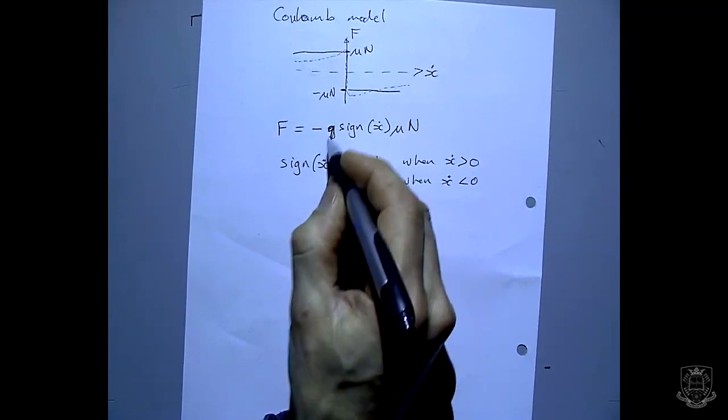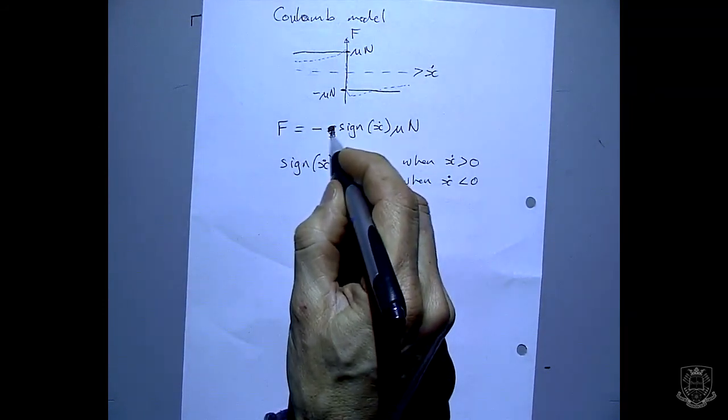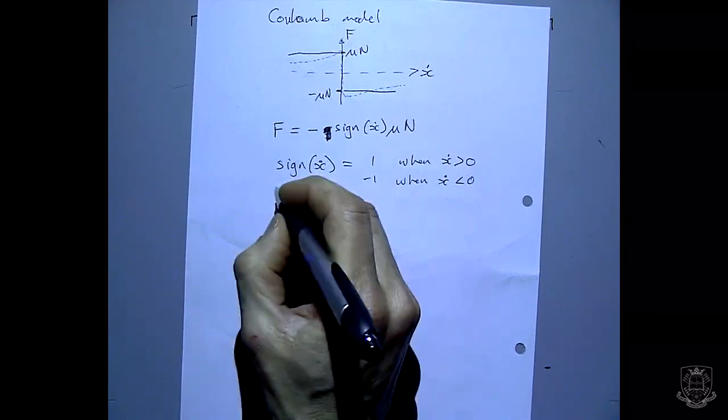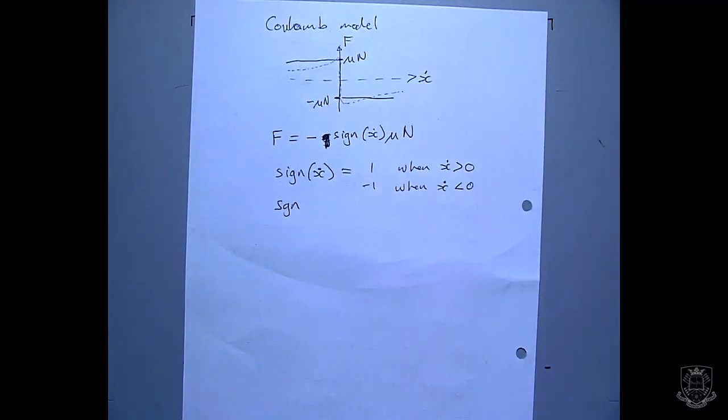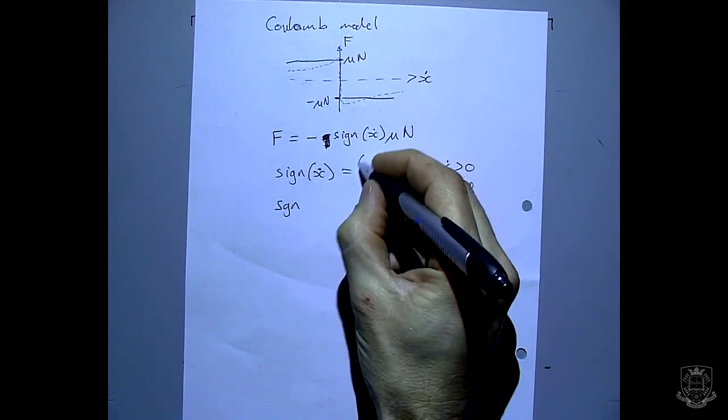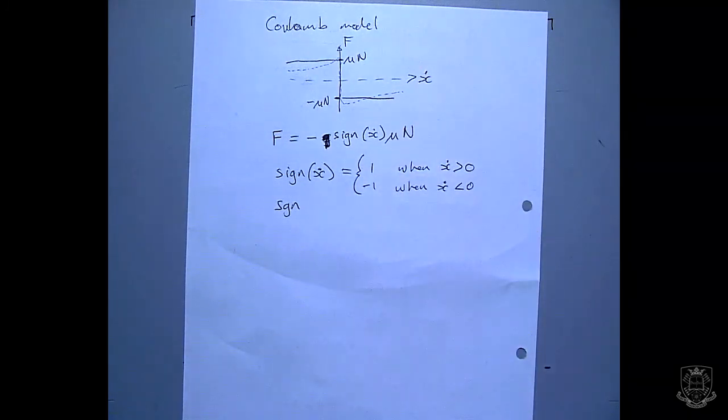Sometimes it's written as the signum function, like SGN. Have you seen that before? It means the same thing, either sign or SGN. The signum function is just as defined here: plus or minus 1.